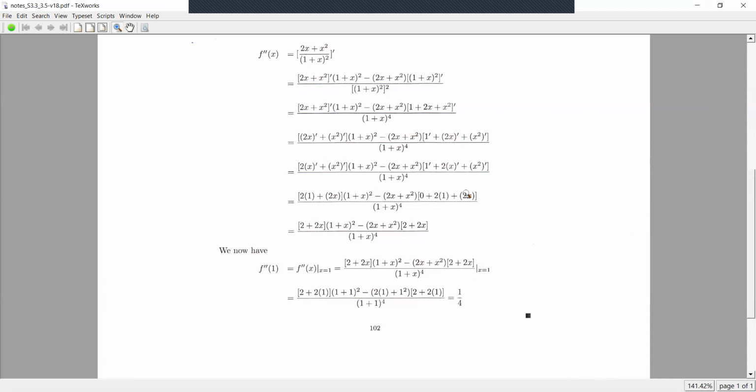And this is 2x. Then we have this equation. Simplify this expression a little bit, then this is the result of the second derivative of function f. Now, to find the second derivative at the point 1, plug in 1 for x. Then we get that the second derivative at the point 1 is 1/4.